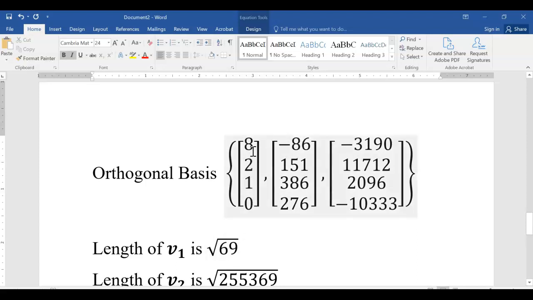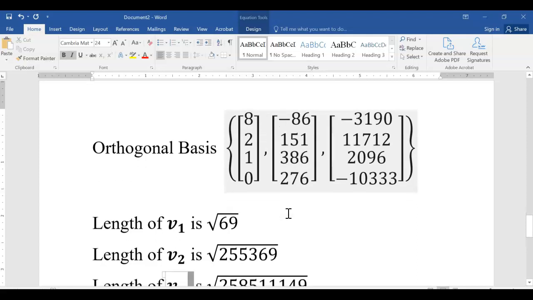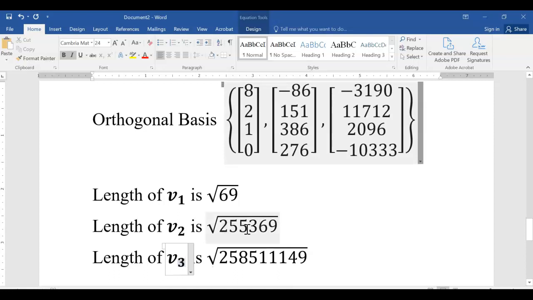Again, if you take the inner product of V1 times itself, you get 69. So the length of V1 is square root of 69. For V2, you look at all those numbers, the length is going to be the square root of the vector inner product with itself, which turns out to be the square root of 255,369.